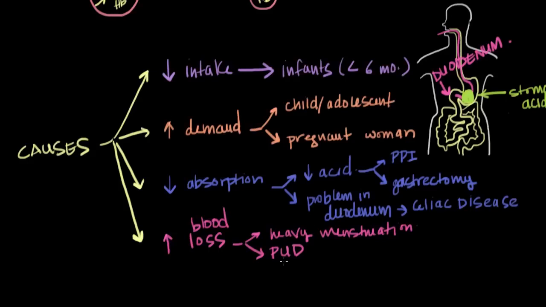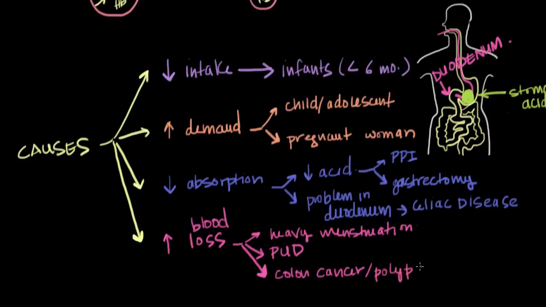And peptic ulcer disease refers to when you have ulcers either in the duodenum or sometimes in the stomach. And a lot of times these ulcers can bleed, and with that increase in blood loss, you can end up with iron deficiency, right? One of the most important causes of increased blood loss leading to iron deficiency is colon cancer. Okay, most often encountered in elderly patients, and colon polyps.